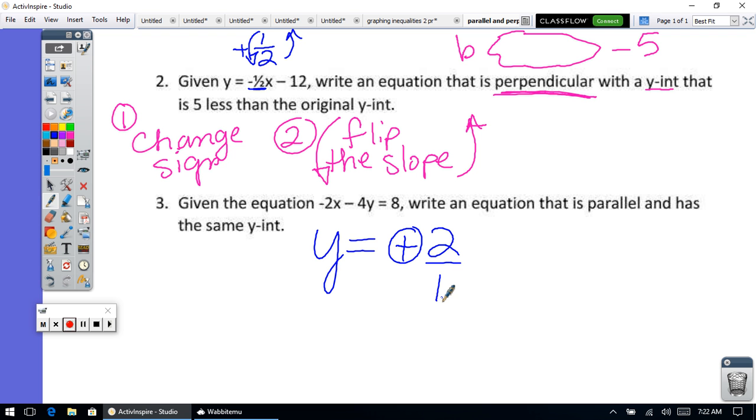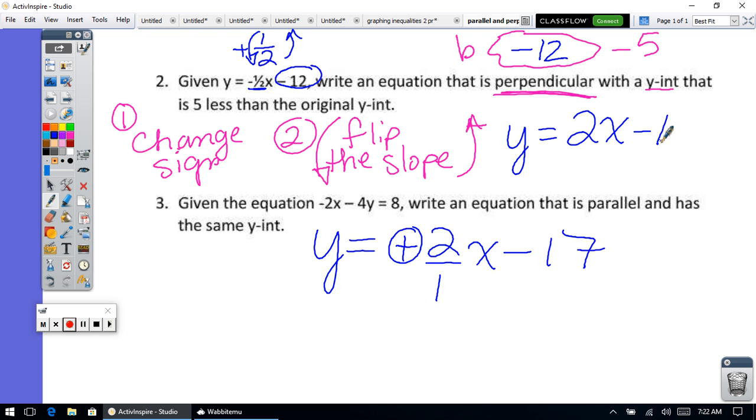So positive 2 over 1 x. And then let's look at our original y-intercept was -12. But we need to go further into the negatives. We need to subtract 5 more from that. So -12 minus 5 will put you at -17. So if I were to clean this up, it would look like y equals 2x minus 17.